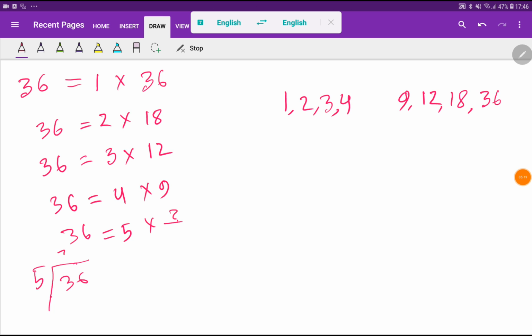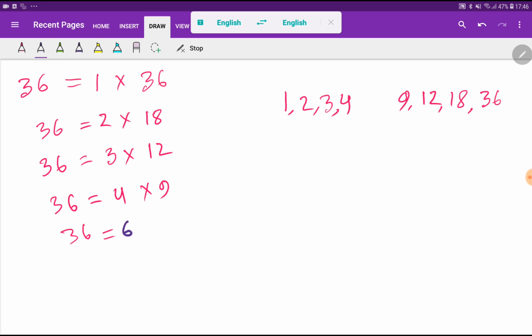If I want to form 7 groups, I have to use 35 people, so I will have 1 left. That is, 36 is not divisible by 5 without remainder. So 5 is not acceptable here.